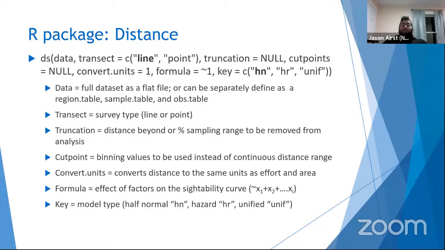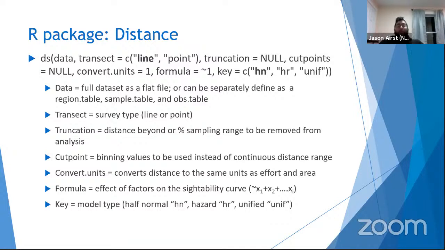Cut point allows you to, instead of using a continuous distance range, bin your distances into smaller groupings, such as, let's say, every 100 meters rather than continuously from 0 to 500 meters. Convert unit allows you to convert the distance measure to another unit.